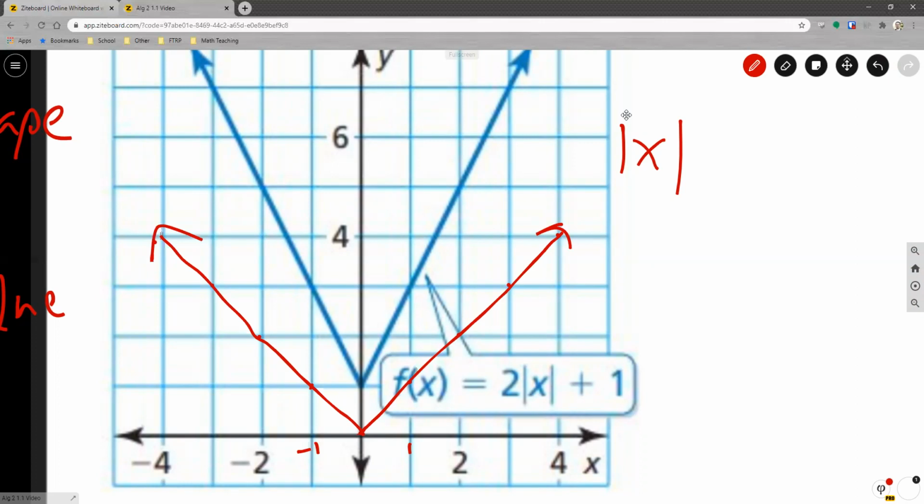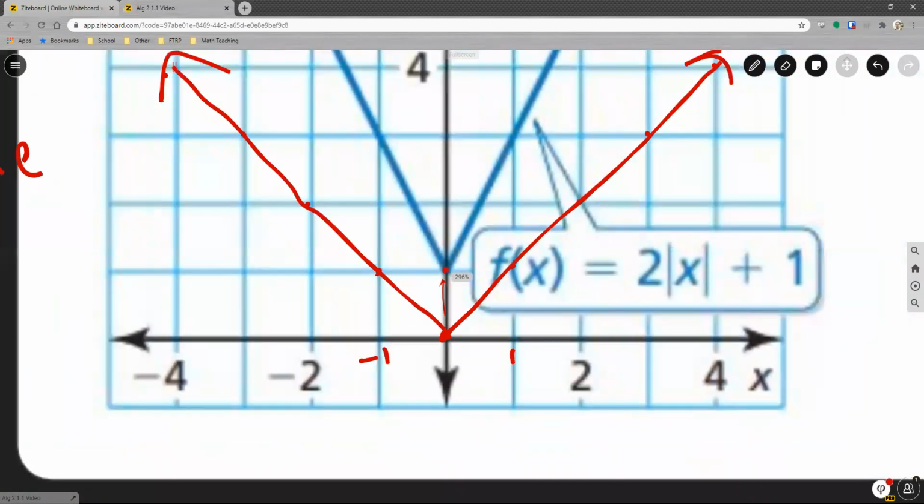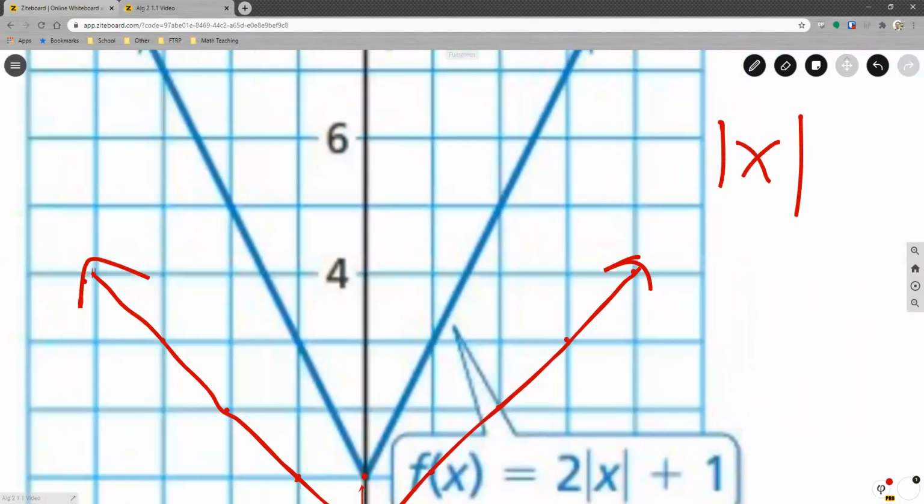Well, there's a couple differences. I noticed that the point of my parent function looks to have been moved up by a value of 1. It moved from 0, 0 to what looks to be 0, 1. And then also, if I look at my graph itself, it looks like it has gotten steeper.